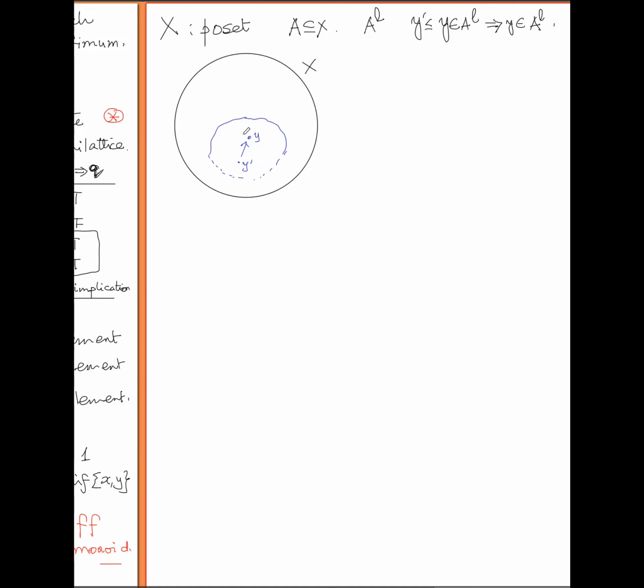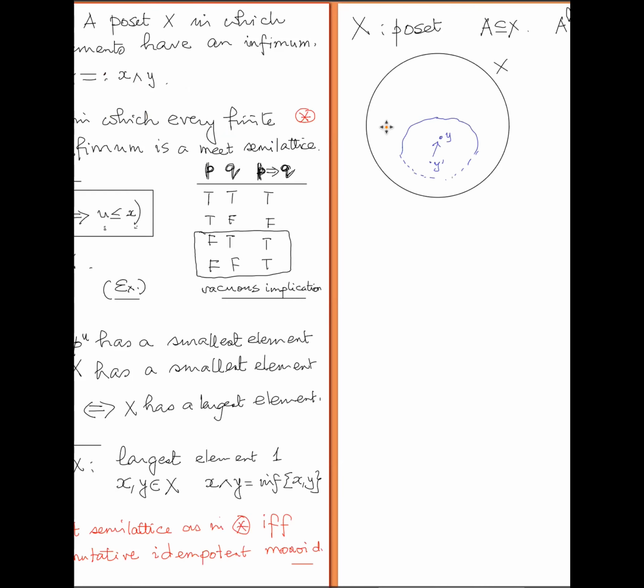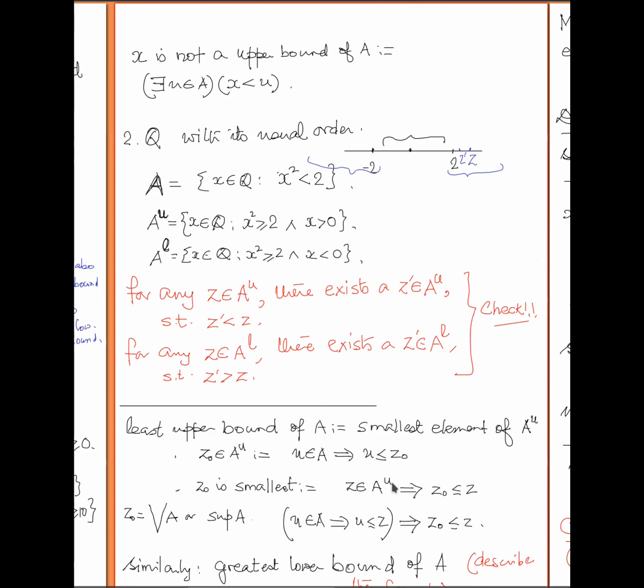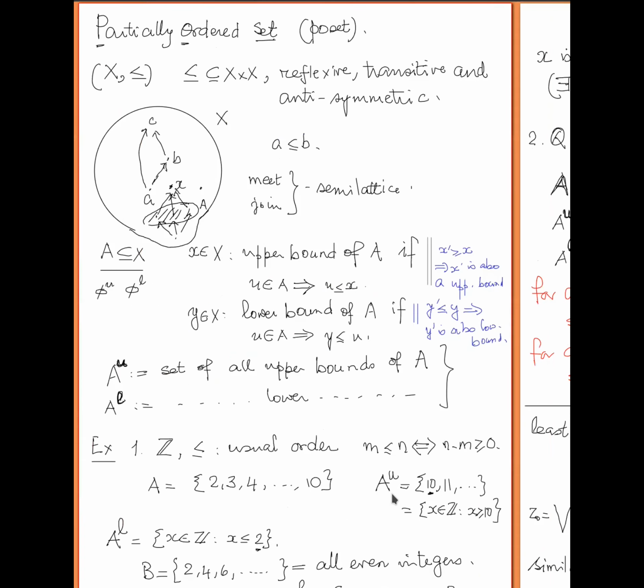This is very special. All sets do not have this property. For instance, the set of upper bounds of this set A doesn't have this property. 9 is smaller than that, but 9 is not an upper bound anymore.